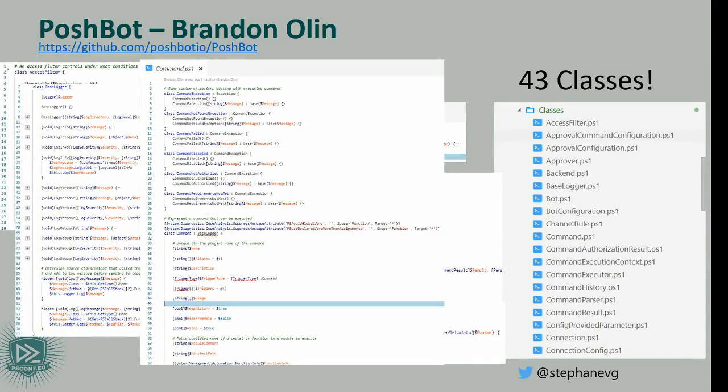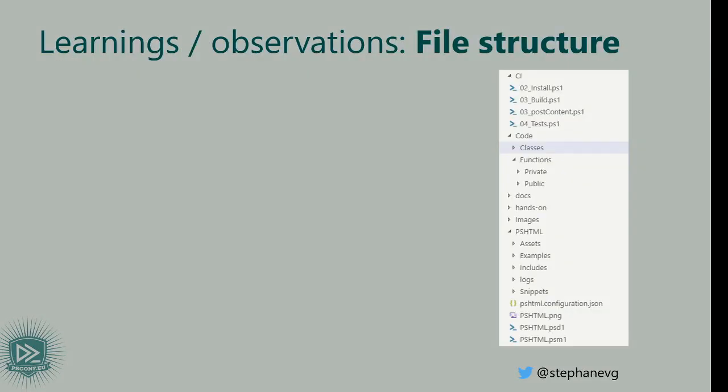The thing is that he doesn't have all the classes in one specific file only. He had some files that had several classes in them, and that actually threw me off a little bit later, which I'm going to show to you. So those are the observations from analyzing everything that has been out in the field. Indeed, there's not that much, but I think PoshBot is very, very well structured.